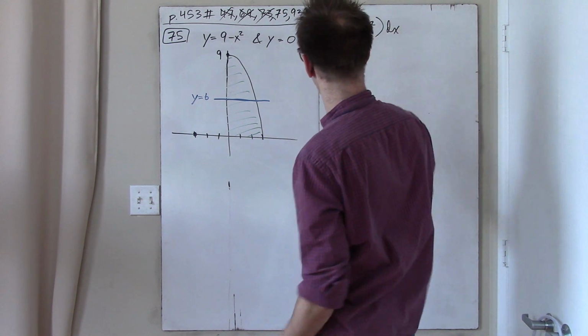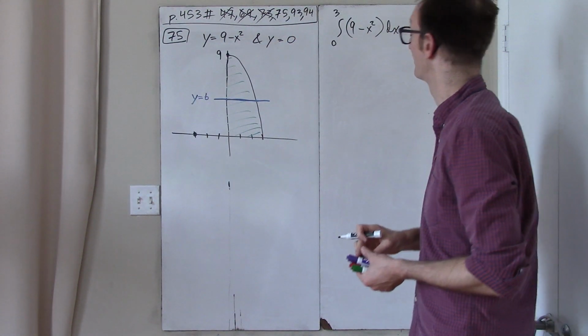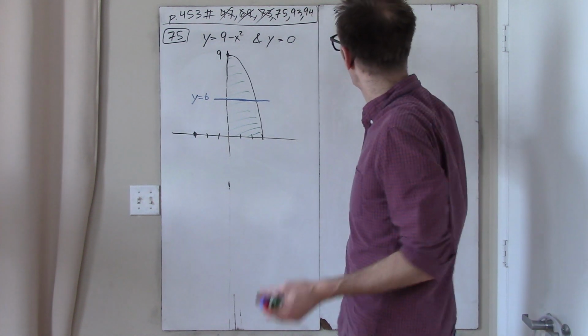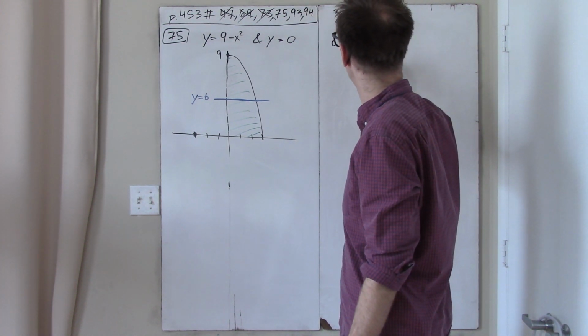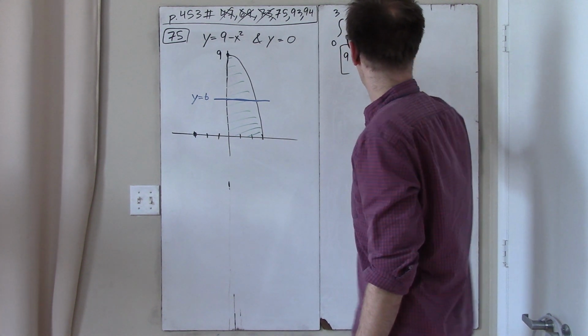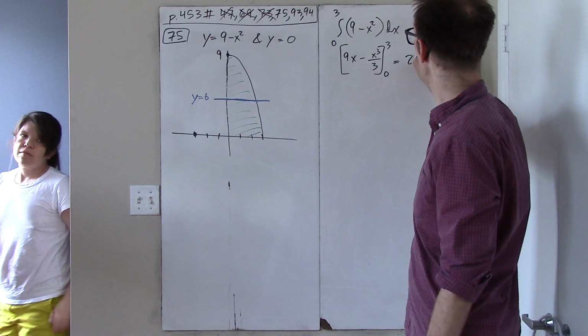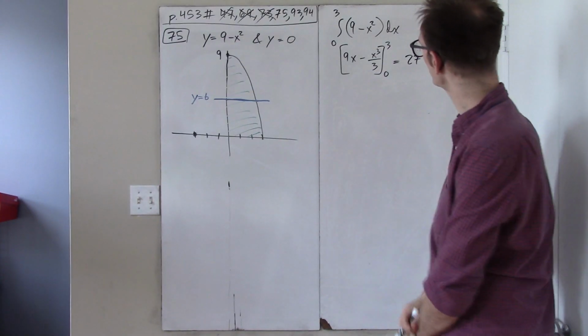I only calculate the right-hand side, the positive side, because I've completely ignored the left-hand side from now on, because it's irrelevant. Okay, so we anti-differentiate, we get 9x minus x cubed over 3, and then we just see what we get. And what we get is 27 minus 9, that's 18.